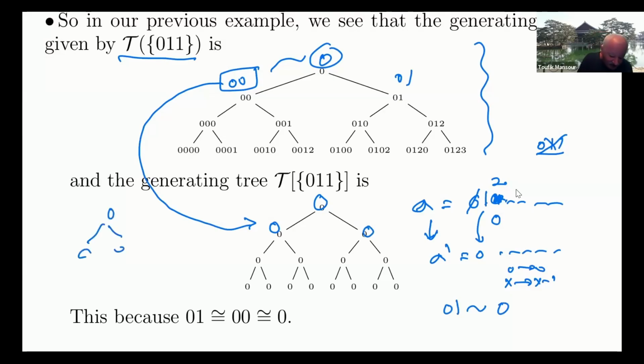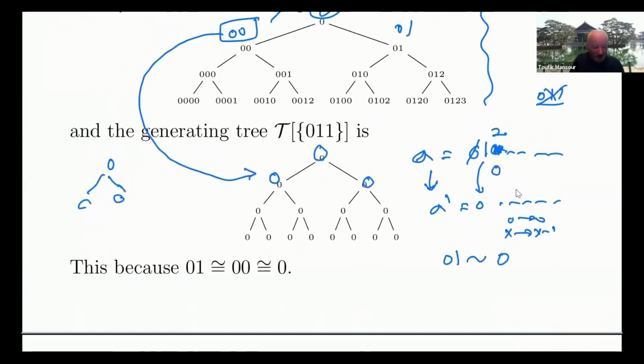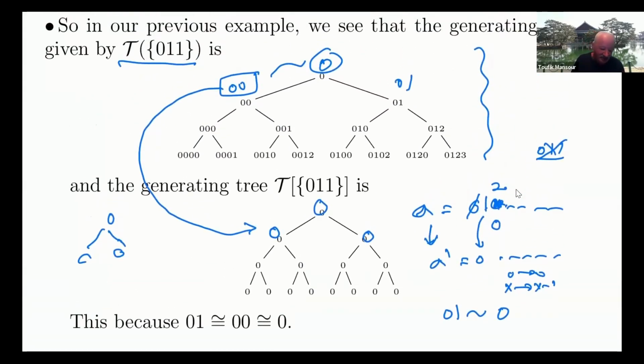So I get a new tree. Here it is. The symbol 0 has 2 children, 0, 0. And for counting, of course, I can count how many children the 0 has.